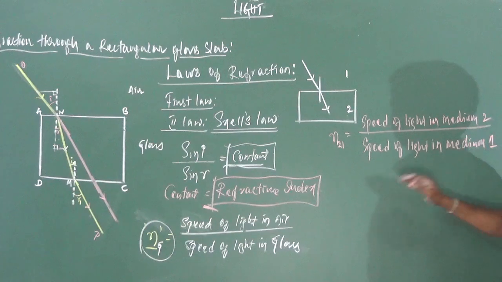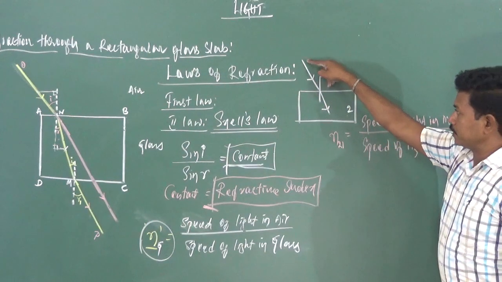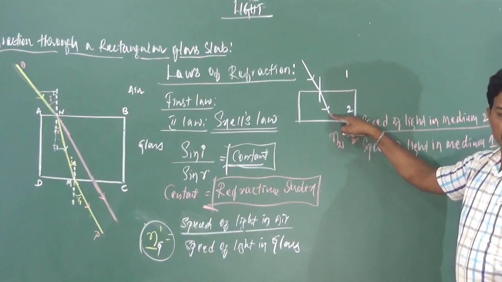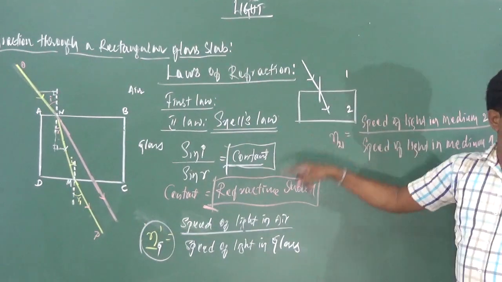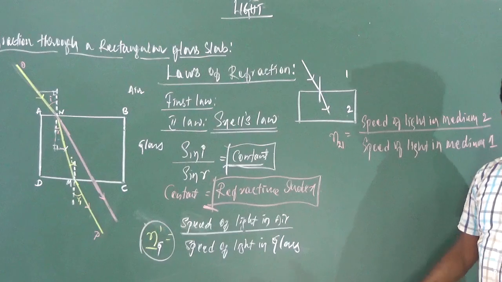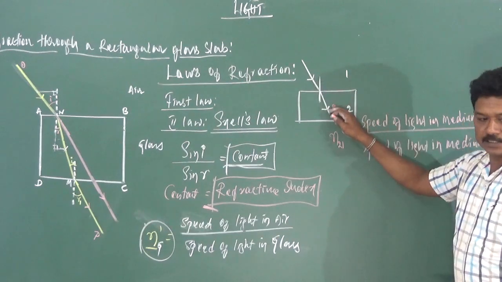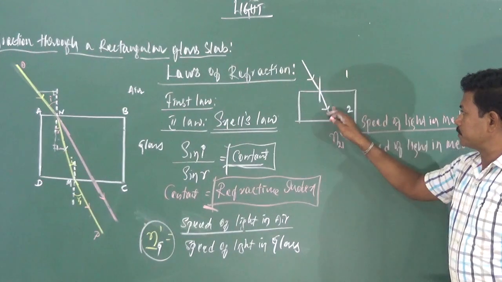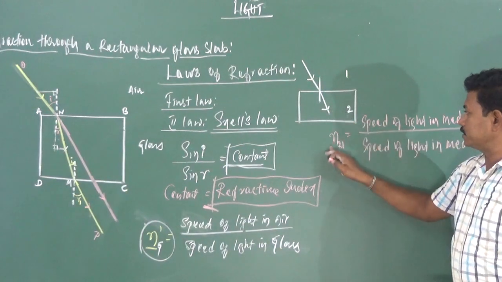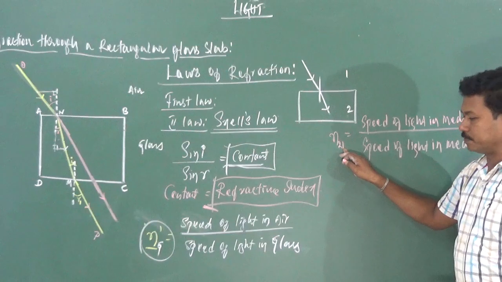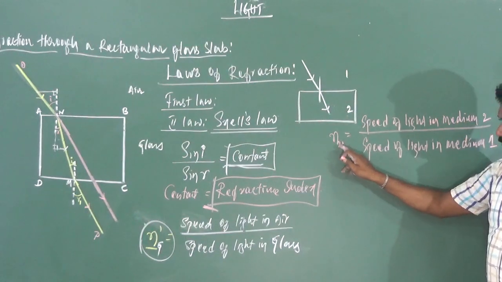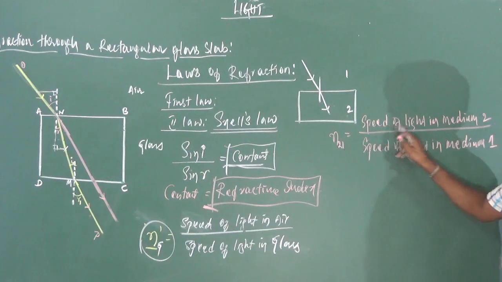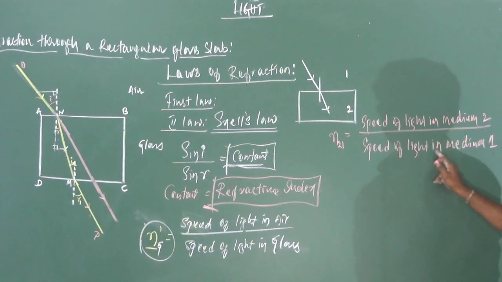The ratio. Here the speed of light is something, and as it comes into the second medium, the speed of light becomes something else. So the speed of light changes. When compared to the first medium, the speed of light in the second medium gives the refractive index of the second medium with respect to the first medium. It is defined as speed of light in medium 2 by speed of light in medium 1.